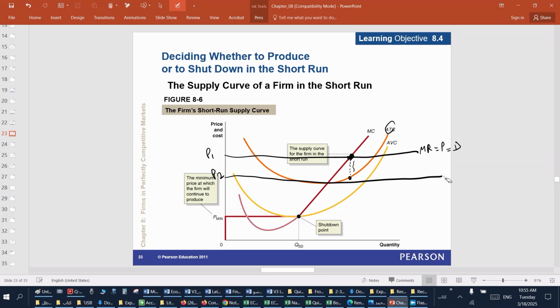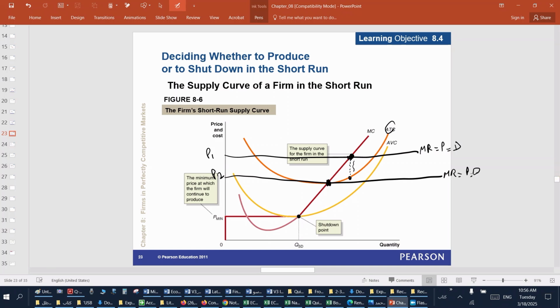If this demand curve is marginal revenue equals price equals demand, and our rule says marginal cost should equal marginal revenue, then this is the quantity that maximizes the profit. But in this case, there is no profit, no loss, because at this point, marginal cost equals average total cost equals marginal revenue.